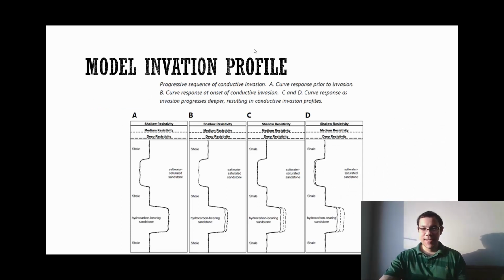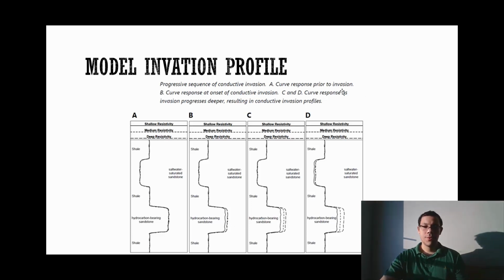To finish, I want you to look at this graph. So in this case, what is happening? It is called a progressive sequence of conductive invasion. A is the curve response prior to invasion, and so on. D is what happens at the end, and you can see how the curve starts to behave.